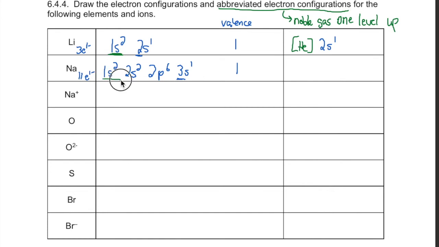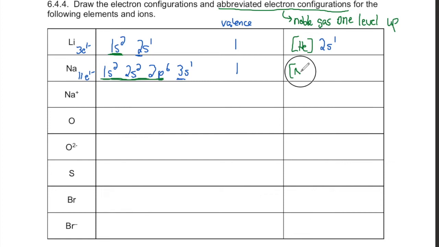For sodium, if you go 1 level up, that noble gas in the 2nd period is neon. Sodium's the first element in the 3rd period. So you go up to the 2nd period and then you find neon all the way to the right. So this is the electron configuration of neon. If you look at the previous table we did, 6.4.3, find the electron configuration of neon, this is exactly it.